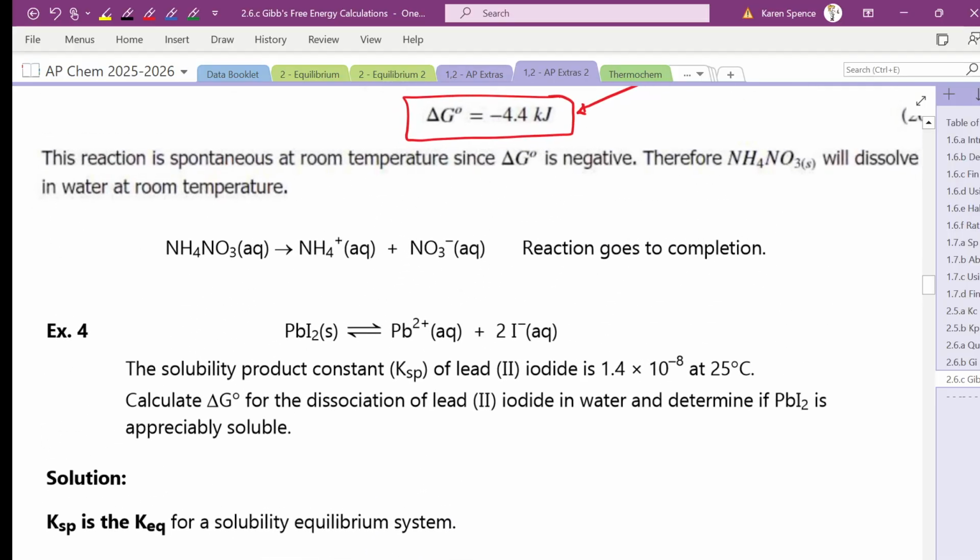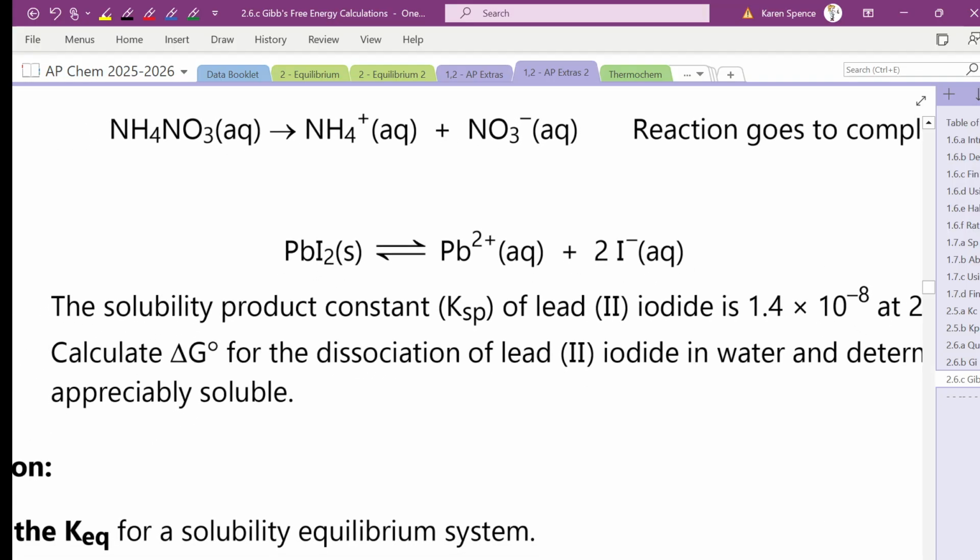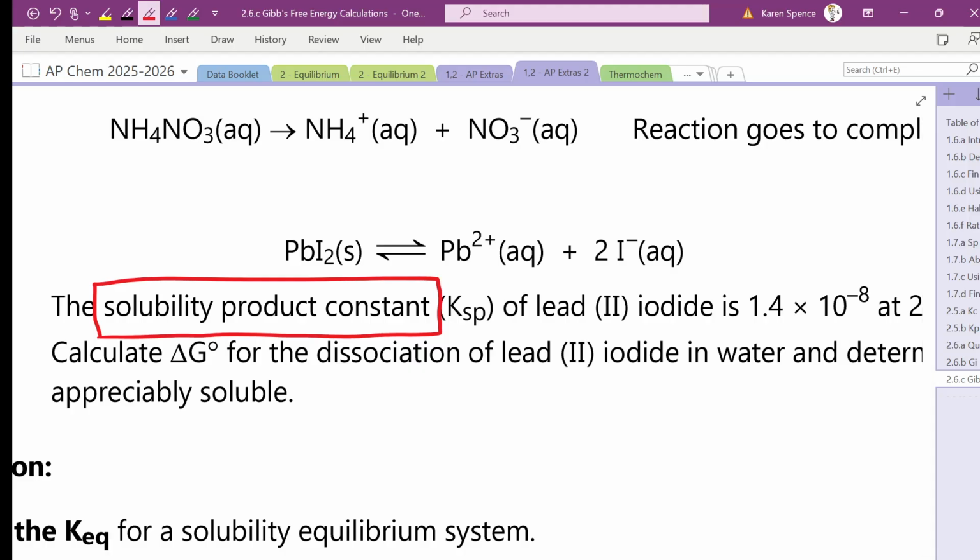Example number 4, we have another solubility thing. In this case, we've got lead iodide, PbI2. And we are told that it has a solubility product constant, which is called the KSP. Anyone want to guess what a KSP is?